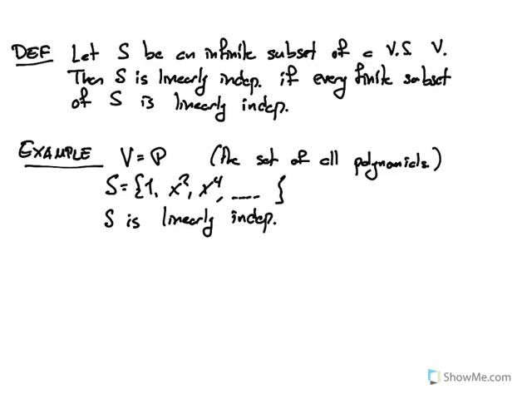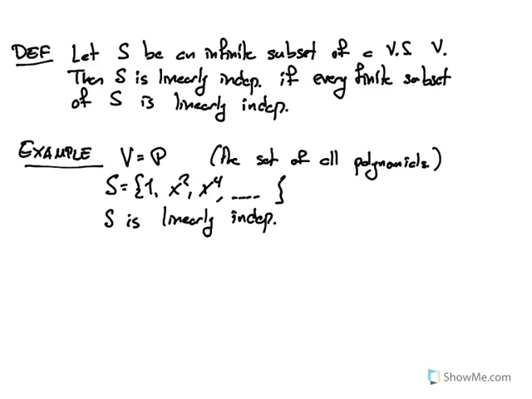The only examples we've talked about that involve infinite subsets that could potentially be linearly independent are the function spaces. The set of all polynomials, for instance, does have infinite linearly independent subsets. The set of all continuous functions on the real line would be another example that contains infinite subsets that are linearly independent.